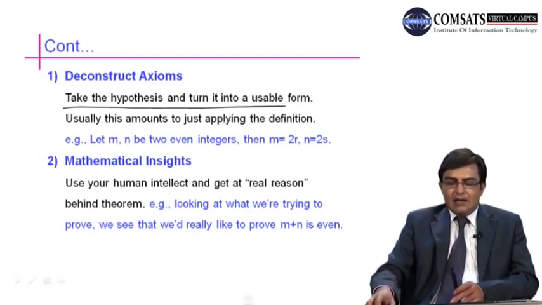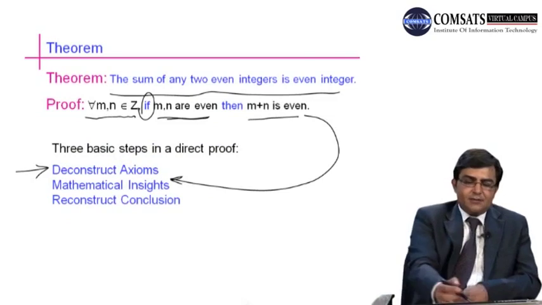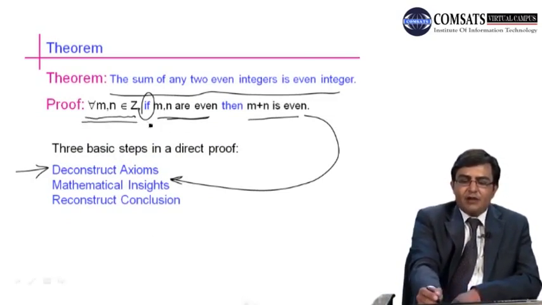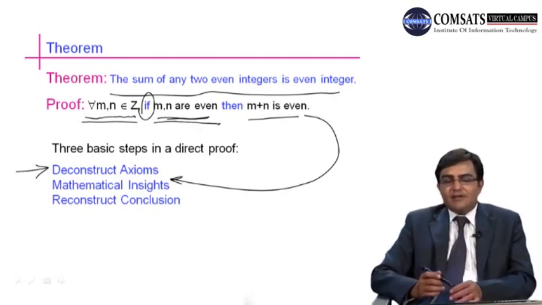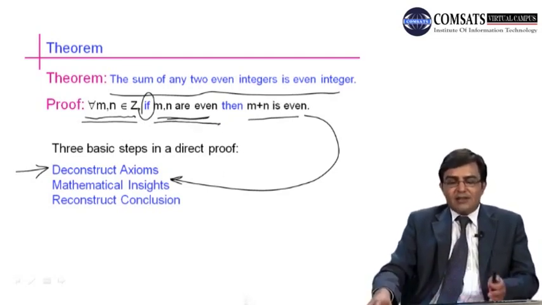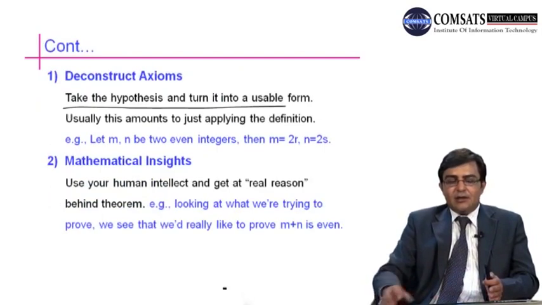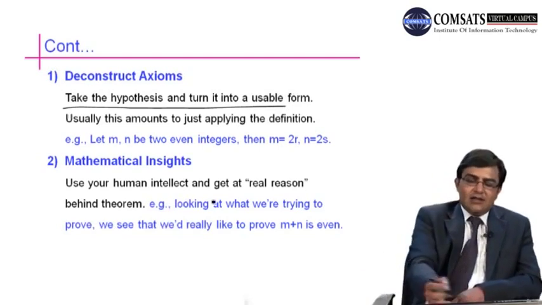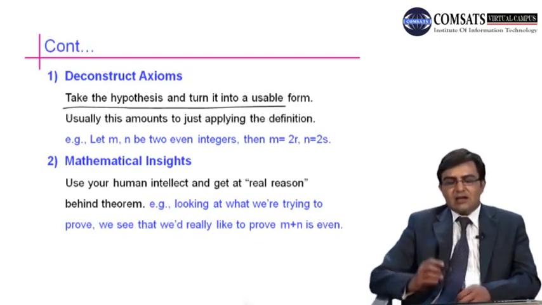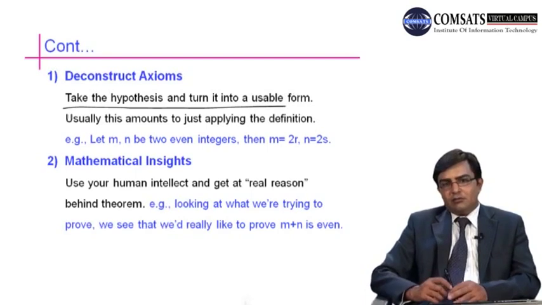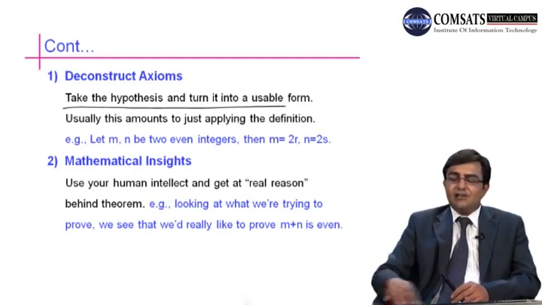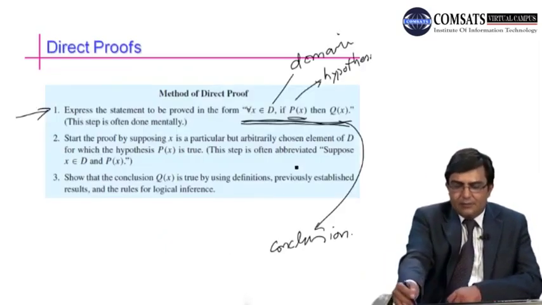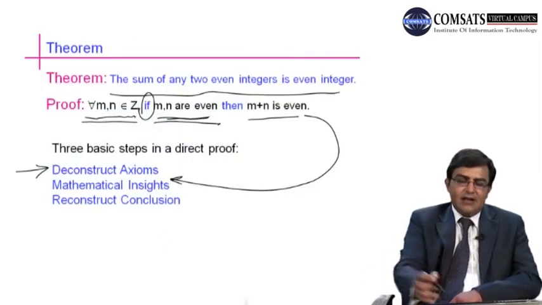For example, in this statement, we have supposed for all x belongs to D, if P of x, meaning if the hypothesis is true. In this step, deconstruct axioms, we suppose that the hypothesis is true, and we convert it to a usable form by using the definition of P of x. We use the definition here.